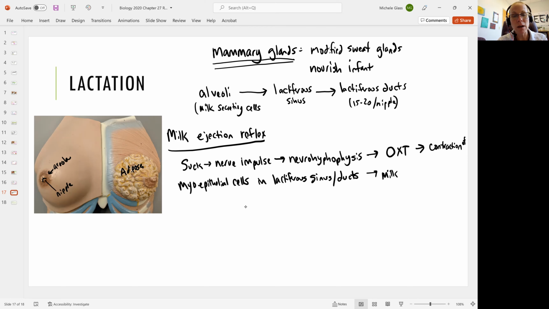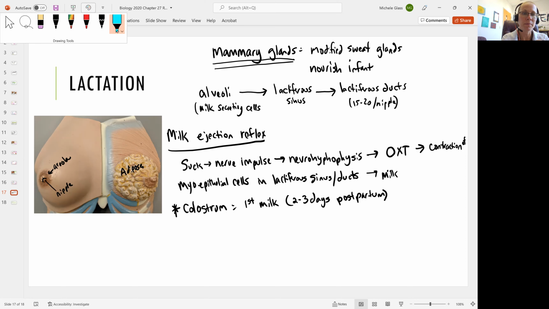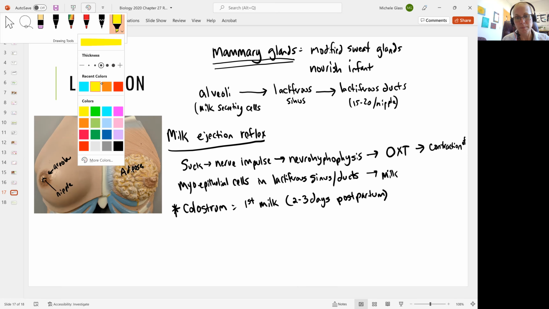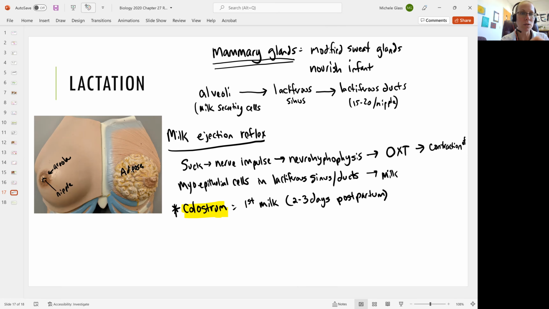Now, when we talk about the very first milk that's being produced, meaning the very first 2 to 3 days after delivery, we can say postpartum. So the very, very beginning. We call this the colostrum. We've mentioned it before.